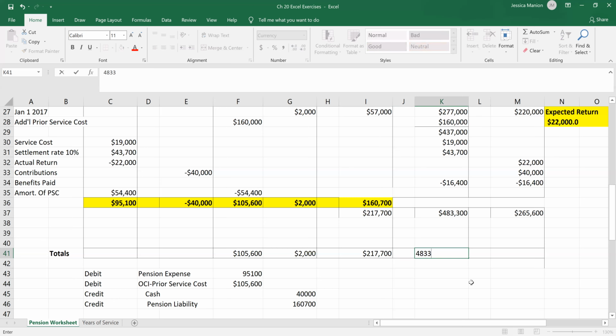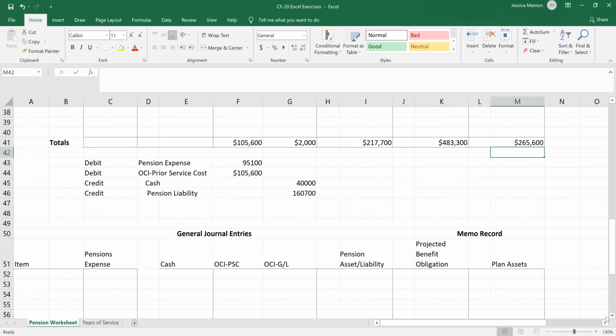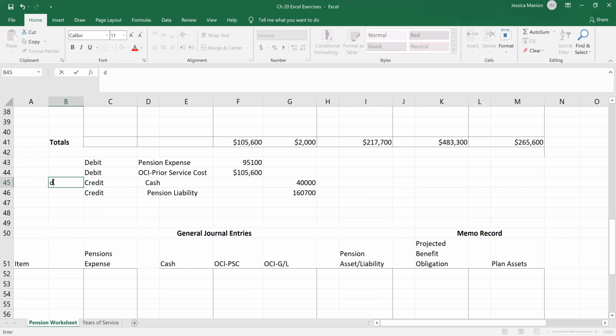We've still got 483,300 for the projected benefit obligation. We've still got 265,600 for the plan assets. So those are now the numbers that are going to carry down to our next year, right? And so I am going to go ahead and plug these in. So this would have been what, December 17 entry.